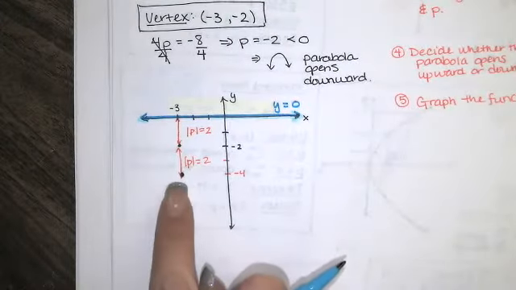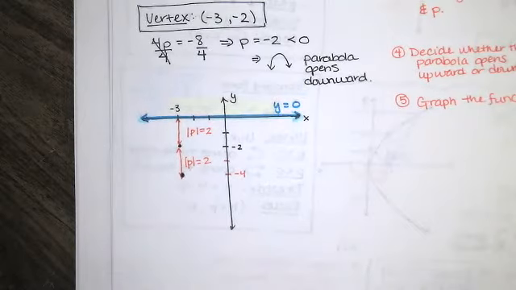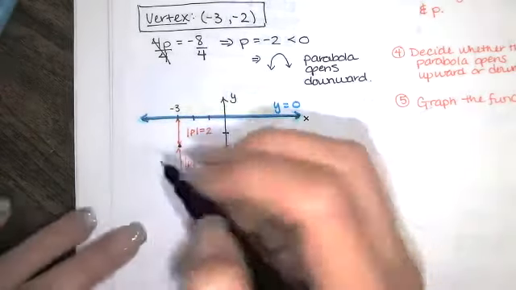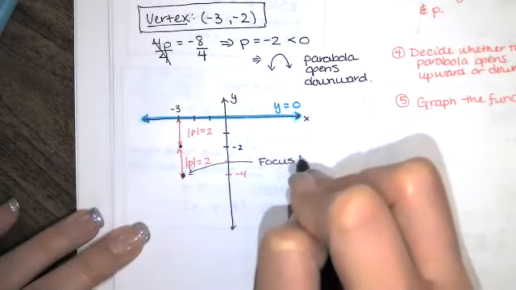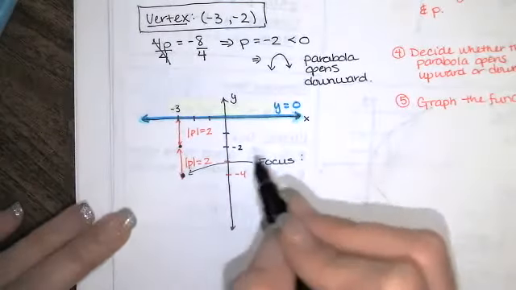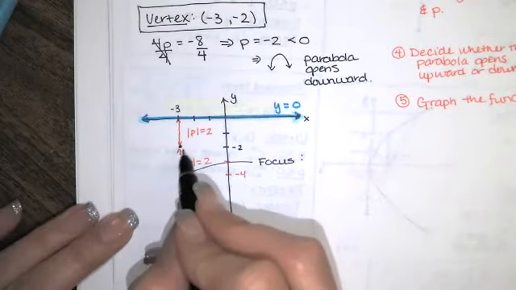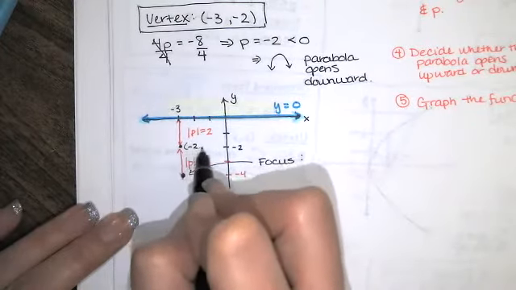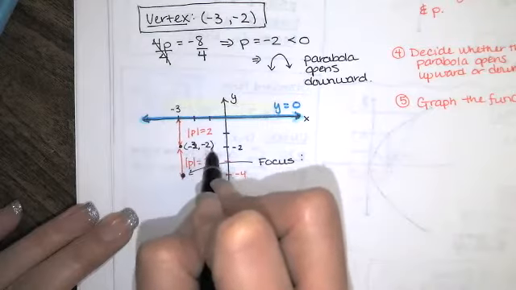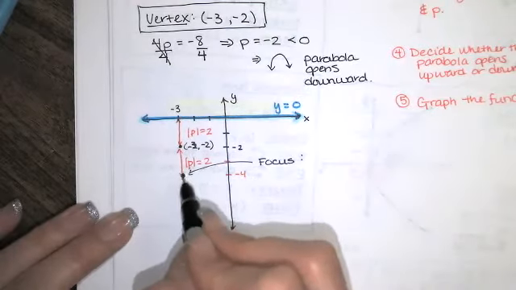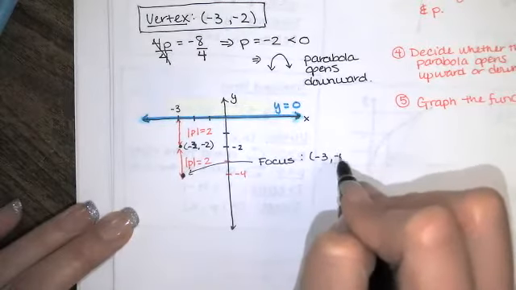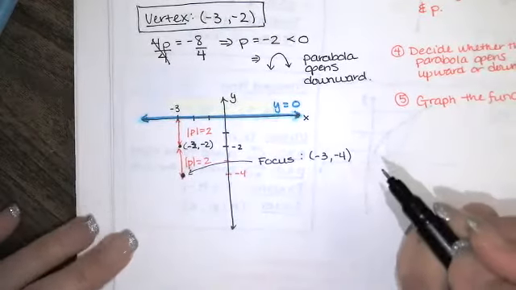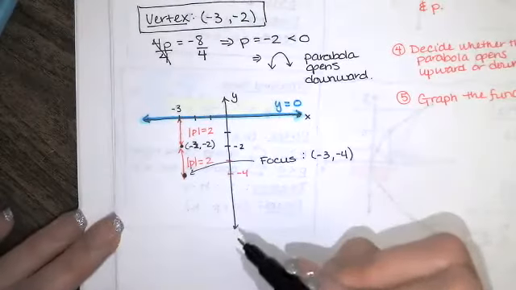And that's our directrix over here. The focus: we were at negative 3, negative 2, and we went down 2 units. So x is still negative 3, and y is negative 4. Okay, and our parabola opens downward.